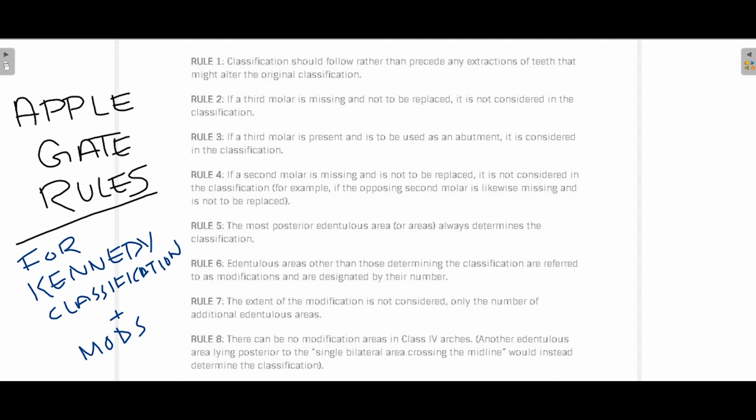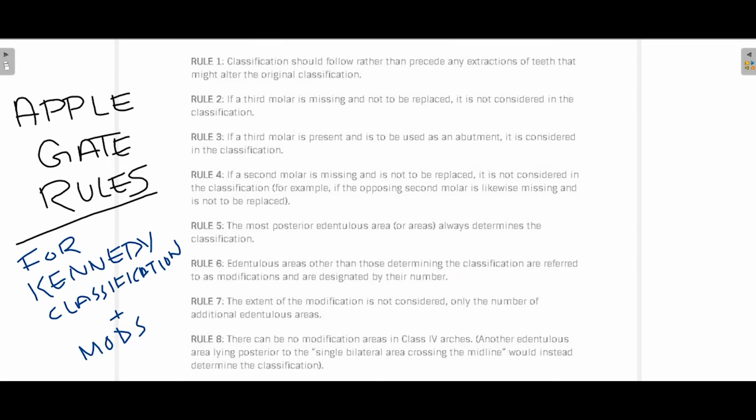Rule 6 says that after we have determined the final classification by seeing which area of the edentulous arch is most posteriorly present, the edentulous areas other than the one determining the actual classification are termed as modifications.